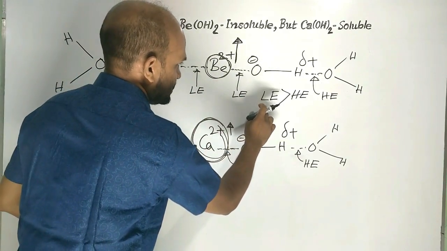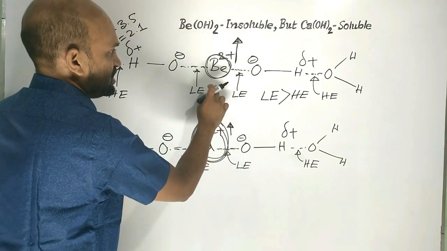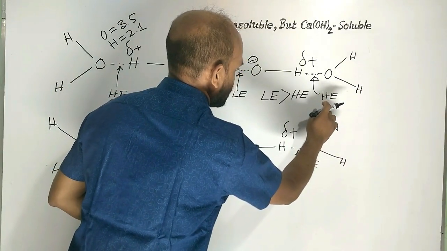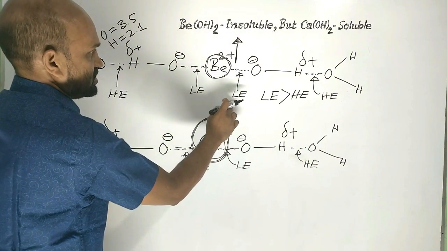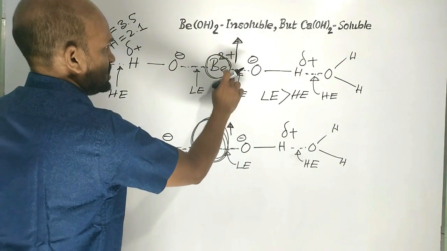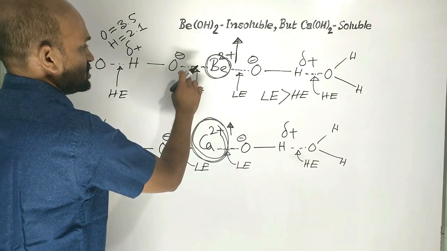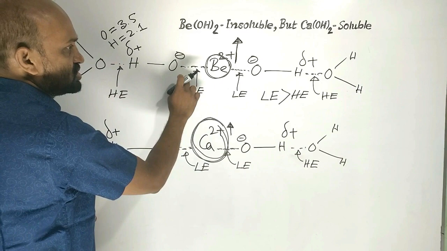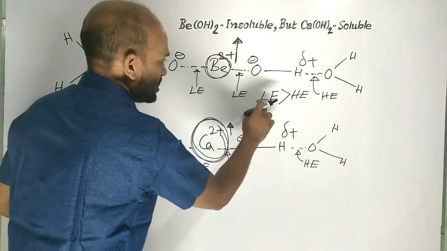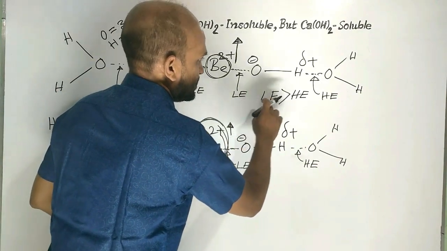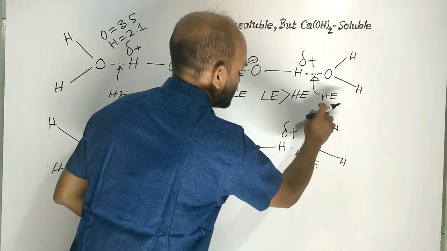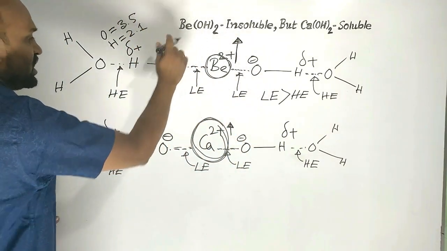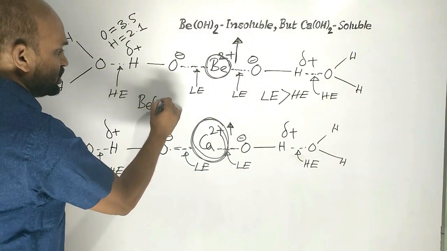As lattice energy is higher in case of beryllium hydroxide, hydration energy cannot overcome the lattice energy. That is why this attraction force does not break and beryllium hydroxide doesn't dissolve in water, due to the higher lattice energy, and hydration energy cannot exceed the lattice energy. That is why beryllium hydroxide is insoluble in water.